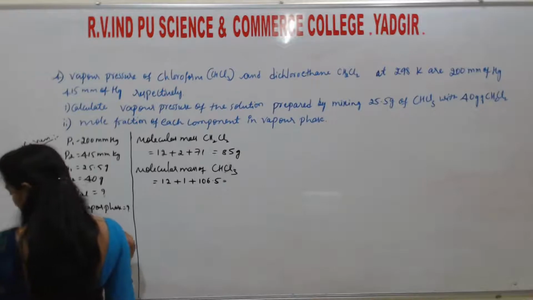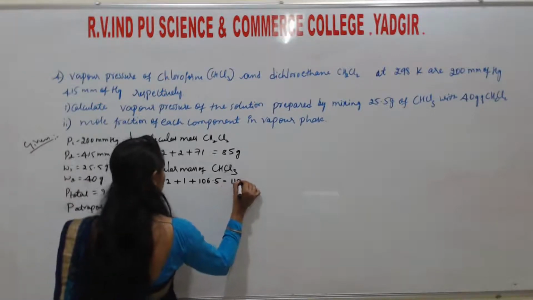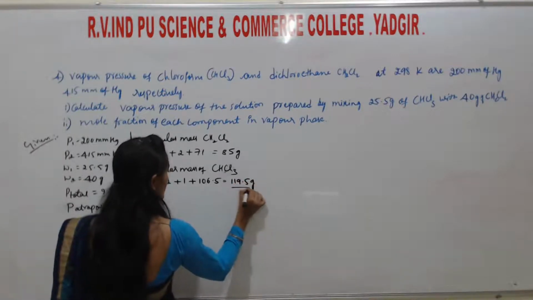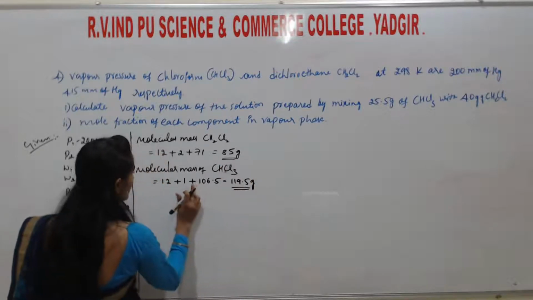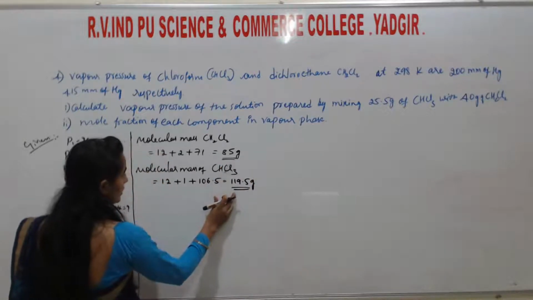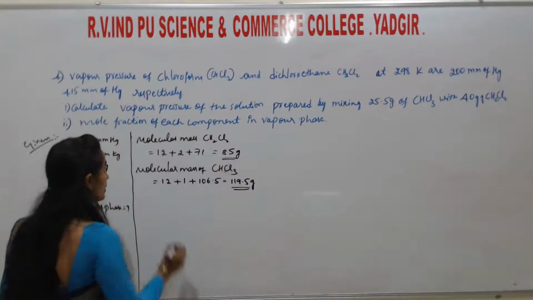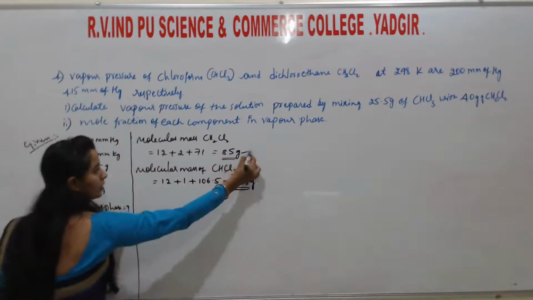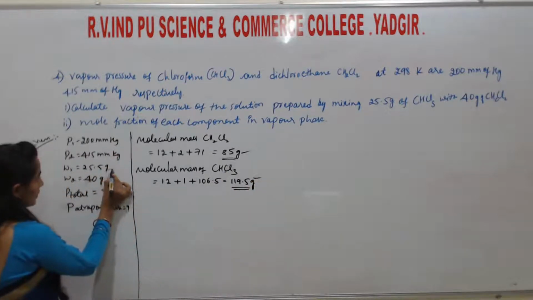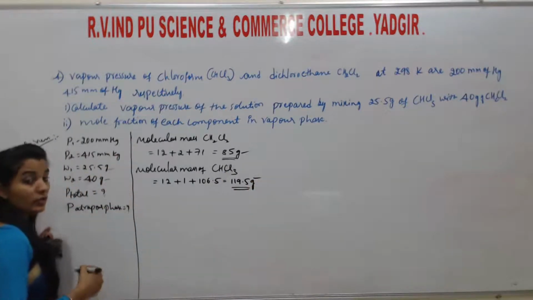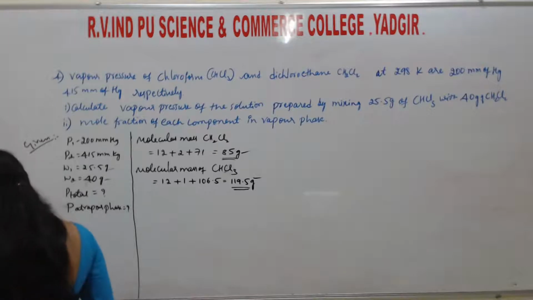That is 119.5 gram. This is the molecular mass of CHCl3. Okay. So once you got that, here the molecular mass is there, here the given mass is there. Then you can easily calculate number of moles.